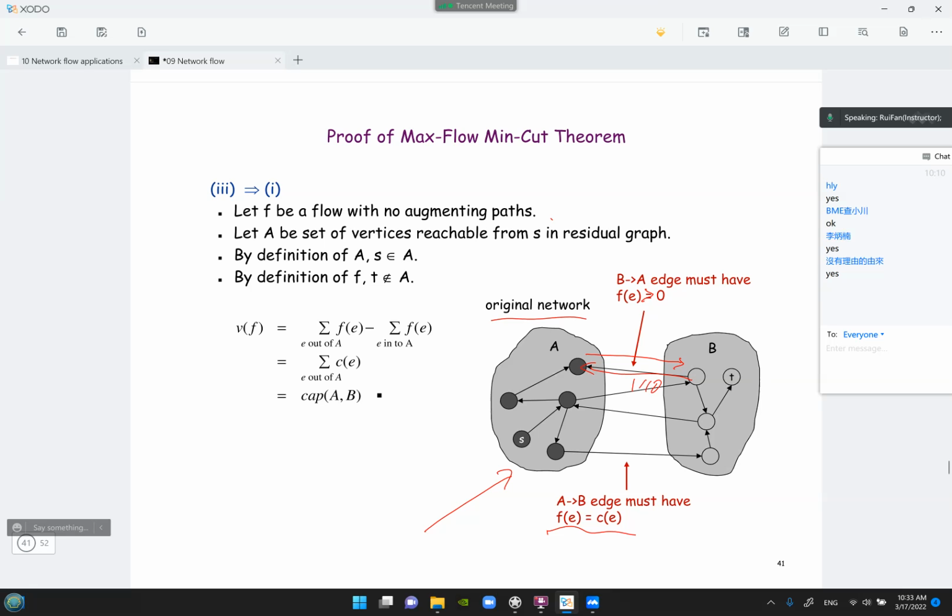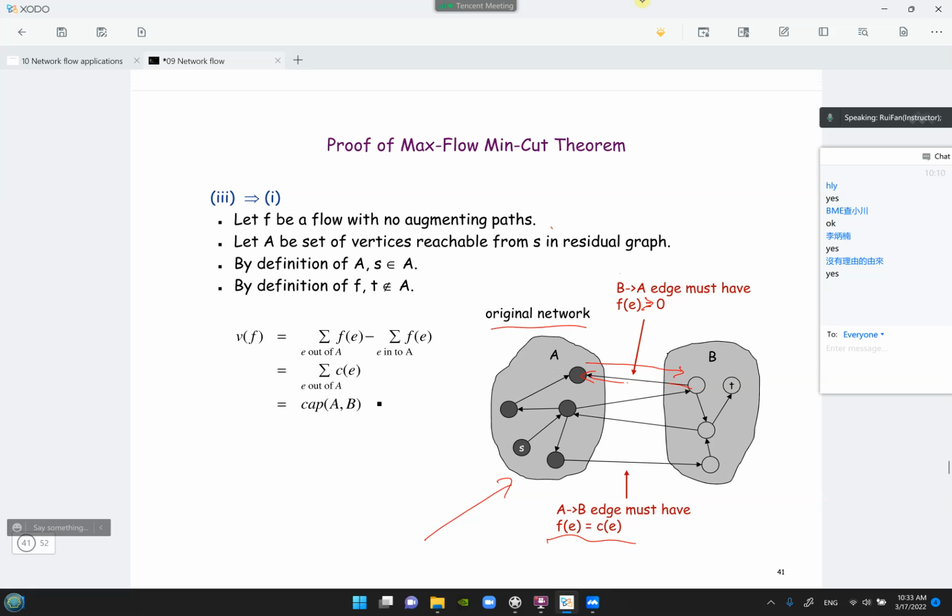When you build the residual graph, you're going to set the residual capacity here to be 10 minus 1, which is 9, and you're going to set a capacity of 1 for this new edge from A to B. That's just how you build the residual graph. As long as you have flow on an edge, you convert that edge into two bidirectional edges, and then you set the capacities this way.